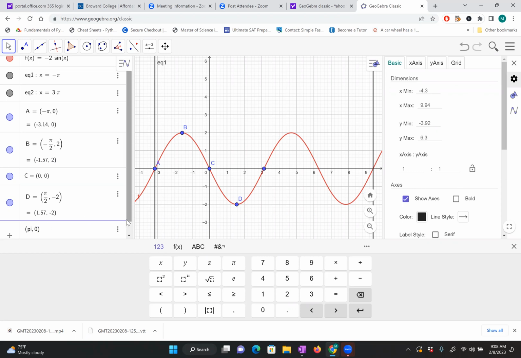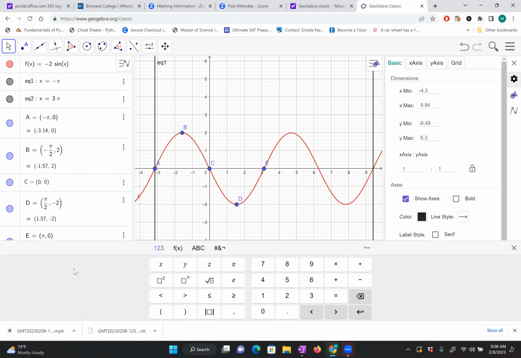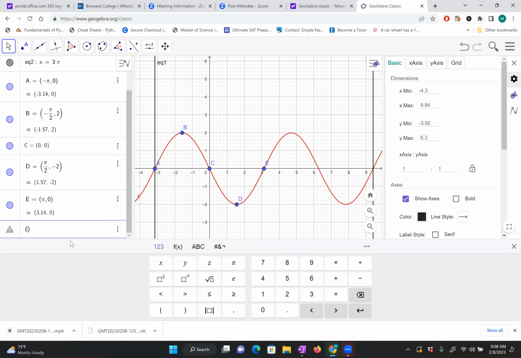All right. Our next point is going to be, that's pi over 2. The next point will be 3 pi over 2, comma 2.